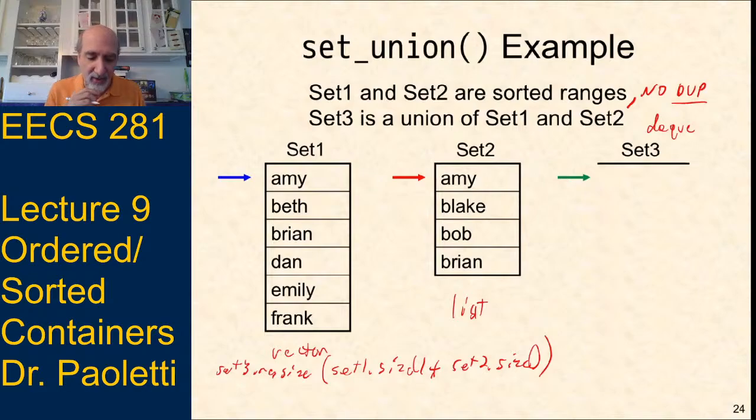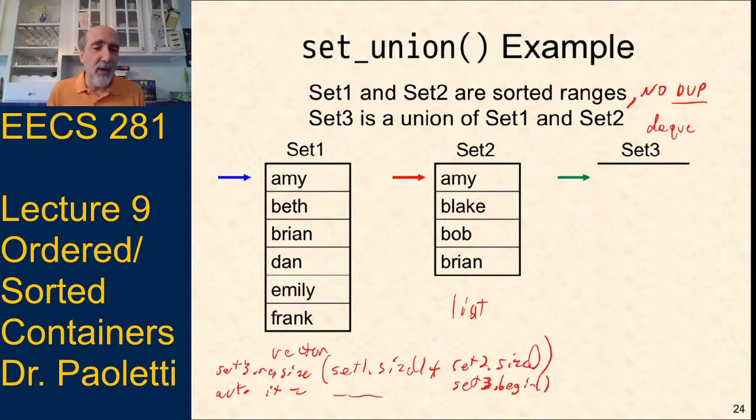Then I would say auto it is equal to my set union, and I would give it set 3 dot begin as the place to start writing. And it returns an iterator to me.